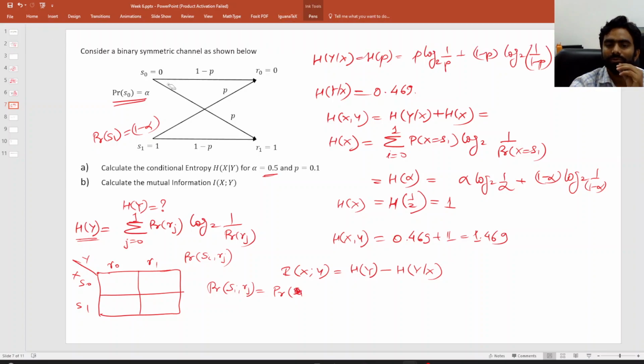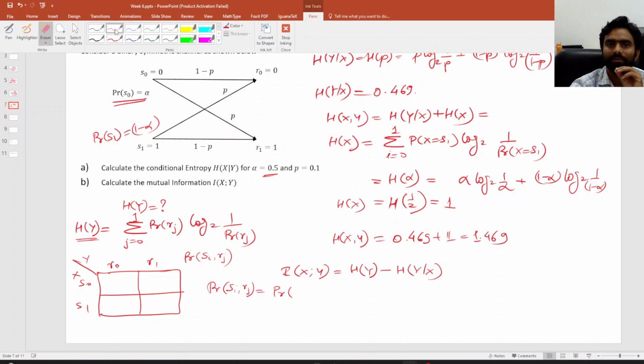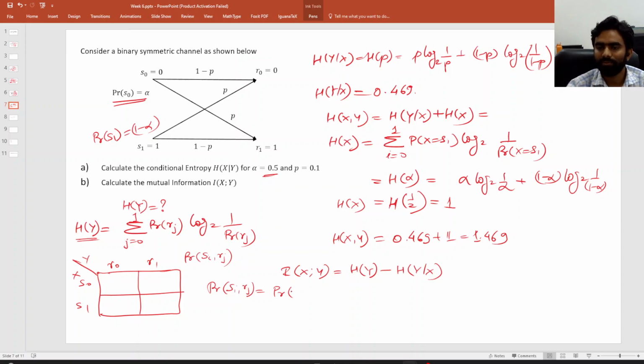In conditional also we have some quantities and we do not have some quantities. So probability of Rj given Si into probability of Si. From here we can calculate. So probability of Rj given Si. So here probability of R0 given S0.